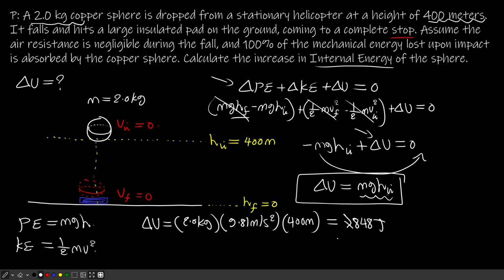Now, what does this number mean? Especially its positive sign. That means the internal energy of this sphere will increase as it hits the ground. In other words, its temperature will increase. The average kinetic energy of the molecules will increase, plus the potential energy as well.